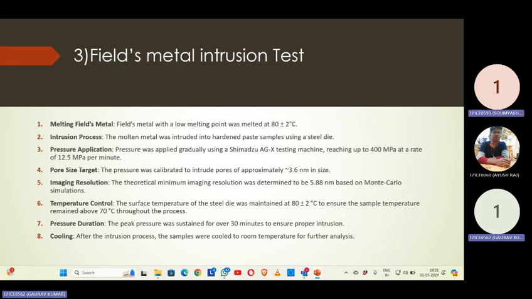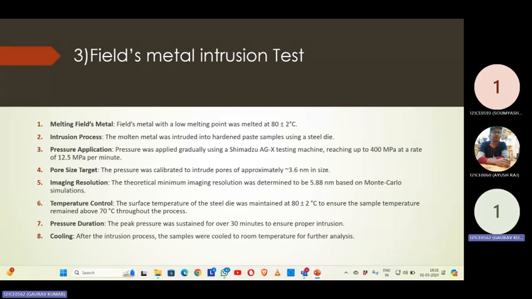The surface temperature of the steel die was maintained at 80 plus or minus 2 degrees Celsius to ensure the sample temperature remained above 70 degrees Celsius throughout the process. Pressure duration: the peak pressure was sustained for over 30 minutes to ensure proper intrusion. Cooling: after the intrusion process, the samples were cooled to room temperature for further analysis.